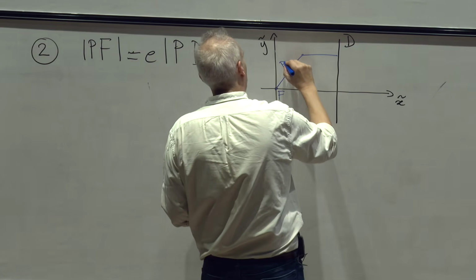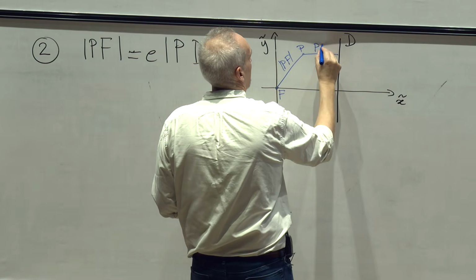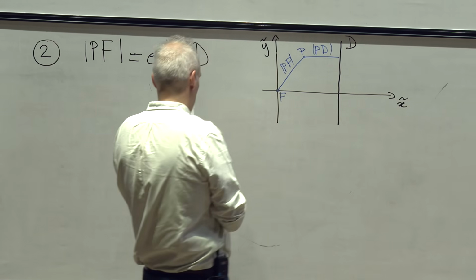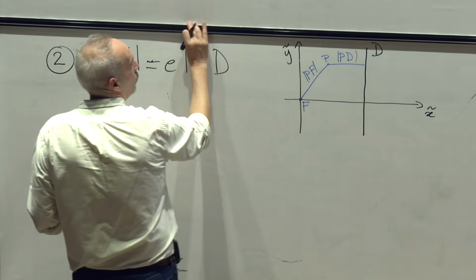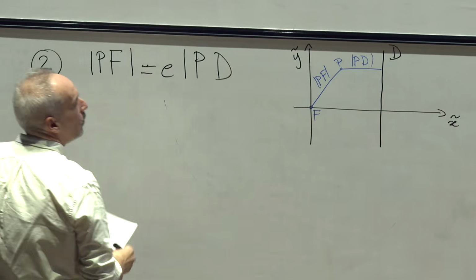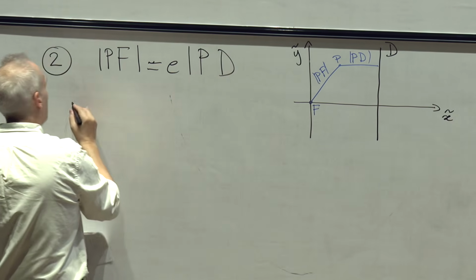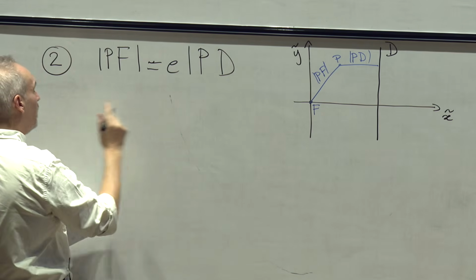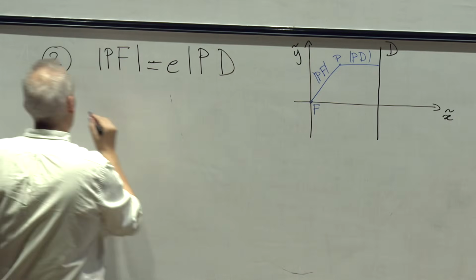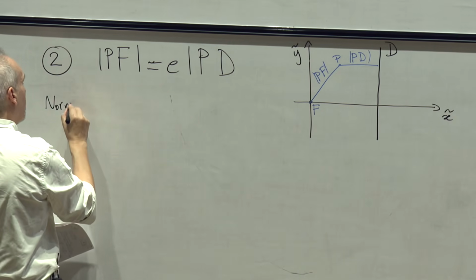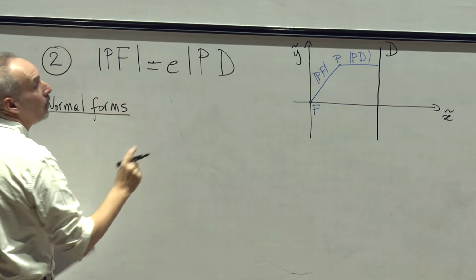So that's PF, and that's PD. So now the name of the game will be to start with this definition and try to reduce that by changing variables, so that in the new variables x tilde and y tilde, we have normal forms. We have normal forms for the different conics.